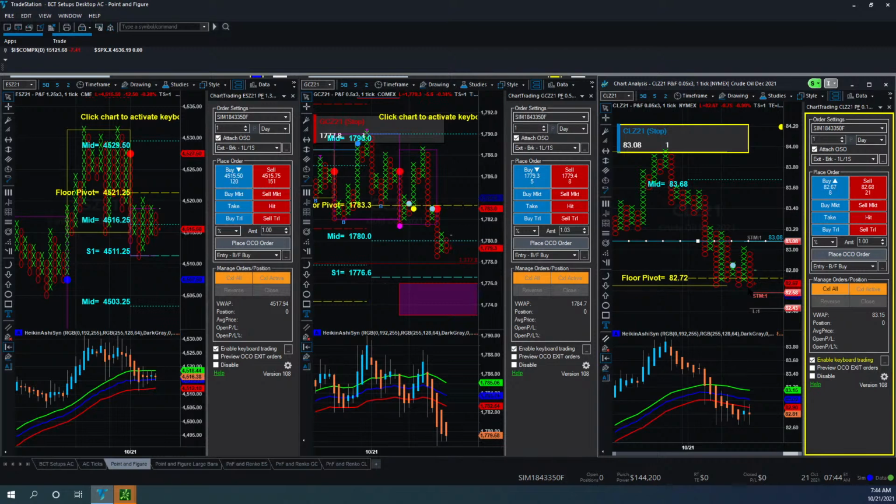Gold is trying to move up in the 2-minute chart. 240 momentum is down, and 30 minutes momentum is down as well.